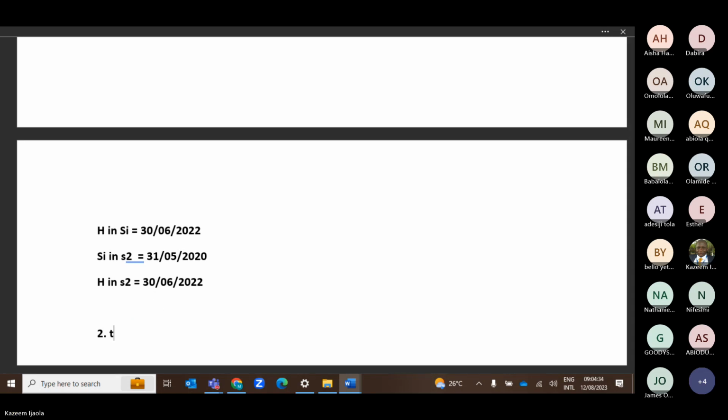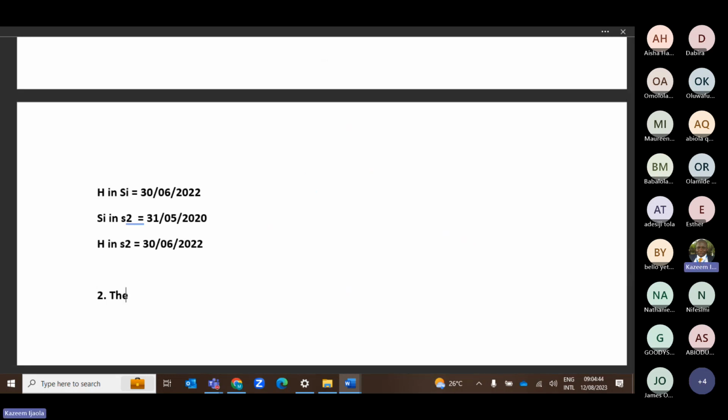Number 2, the date. This is the second principle: the date the subsidiary acquired investment in S2, if H already owned investment in X1.